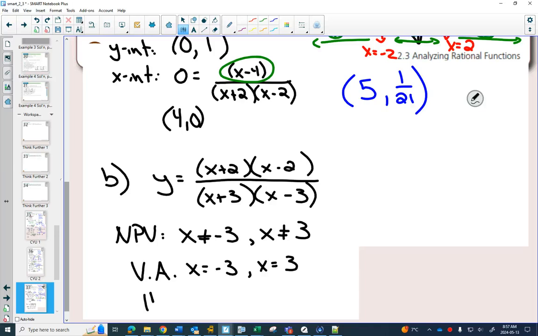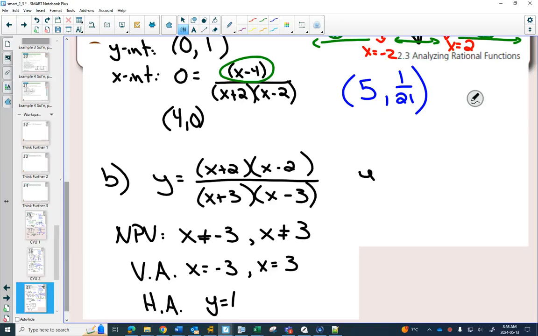Then for horizontal or oblique asymptotes, we have the situation where we have the same degree in your numerator as in your denominator. That was group 2. Group 2, when it's the same in your numerator and your denominator, will always be a horizontal asymptote of the coefficients of the highest power.